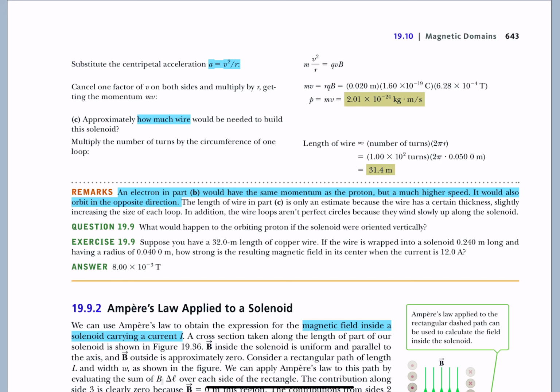When we substitute out a by substituting in centripetal acceleration, v squared divided by r, because remember, the charged particle is going to be traveling in a circular path, and so it's going to experience centripetal acceleration, we get this equation: mv squared over r from centripetal force equals qvB. Solving this equation for mv, we get momentum, because mass times velocity is momentum, if you remember that from second quarter.